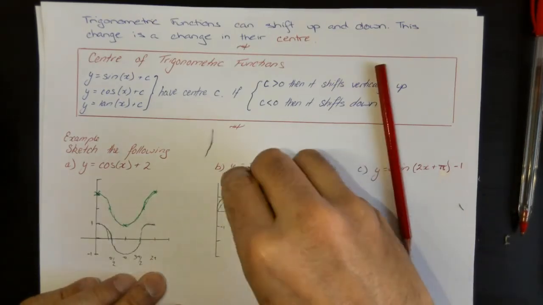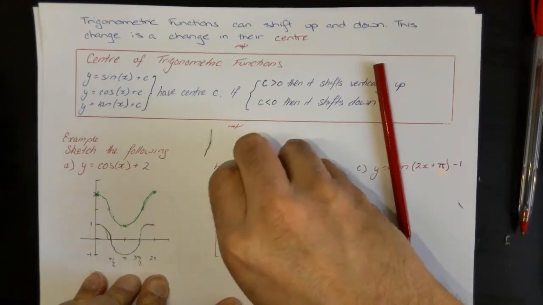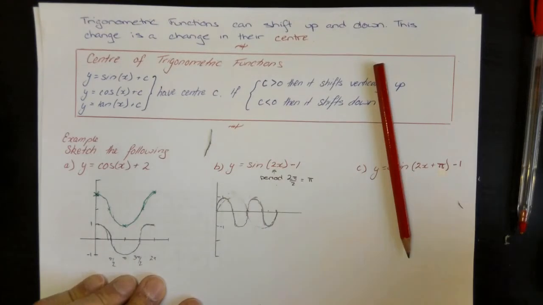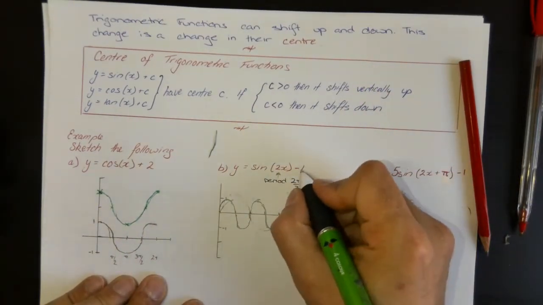So I can rub out the original sine curve, and now it translates it down 1 unit.